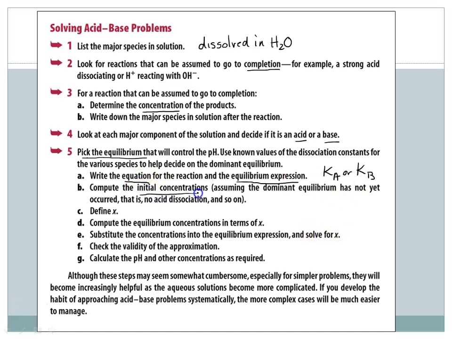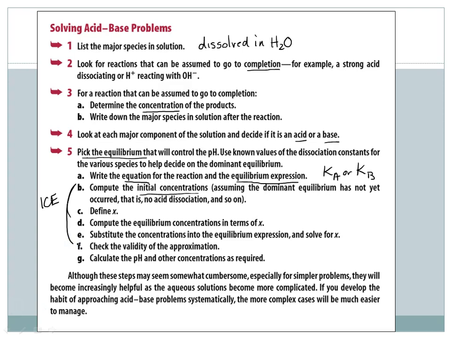Figure out your initial concentrations, assuming that it's not strong. In other words, these steps right here are going to be your ICE box. You're going to come up with your ICE calculations. Define X. Substitute the equilibrium concentrations in for X. I should extend this on down.